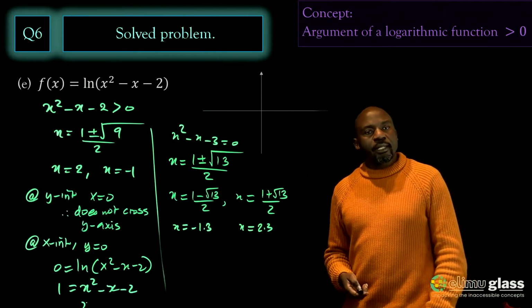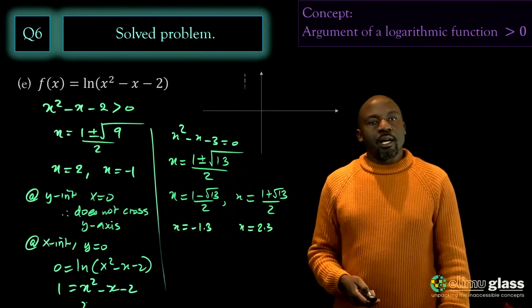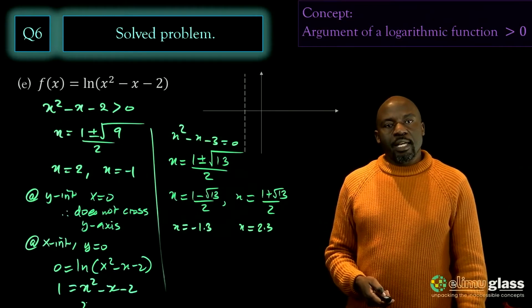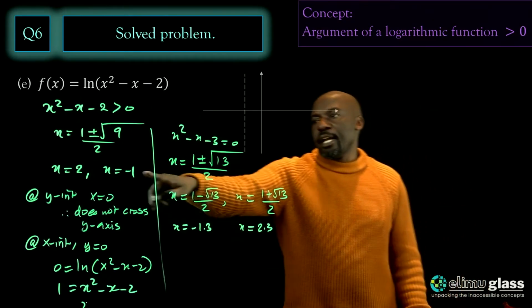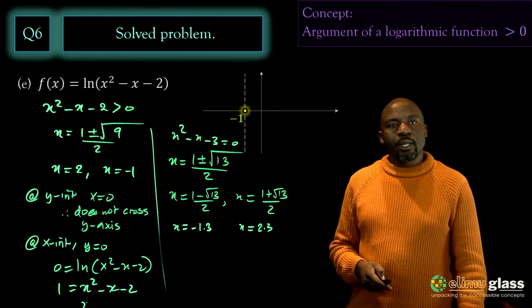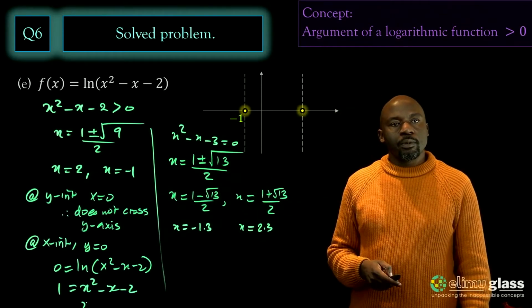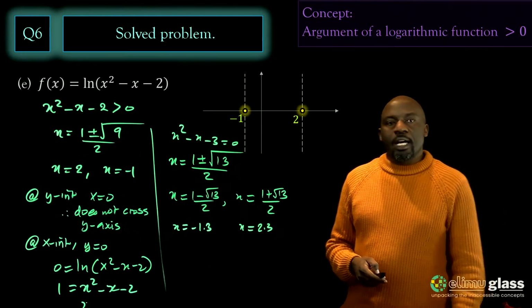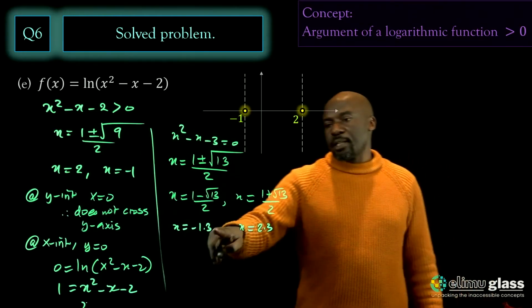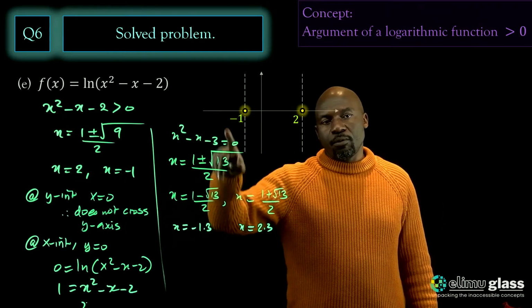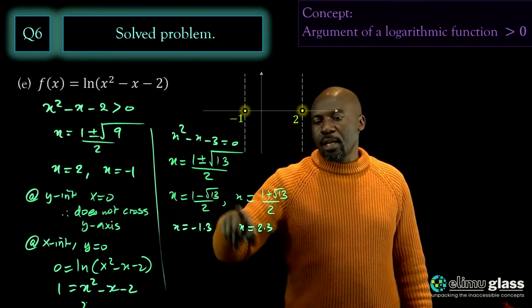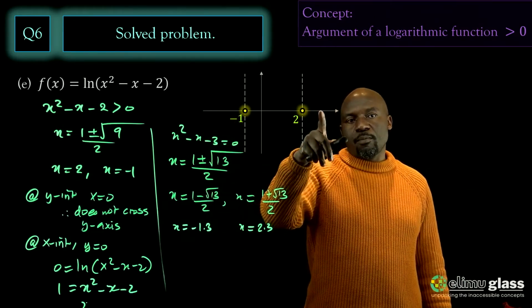So there's the y-axis, there's the x-axis. We have a vertical asymptote at negative 1 and another one at positive 2, okay, and the graph crosses the x-axis at negative 1.3, which should be on this side somewhere there, and at 2.3, which is somewhere here.